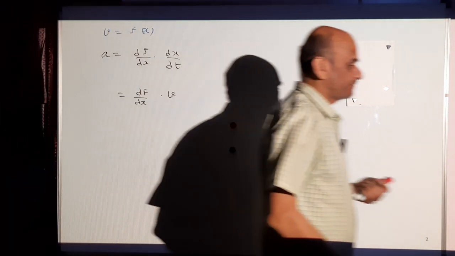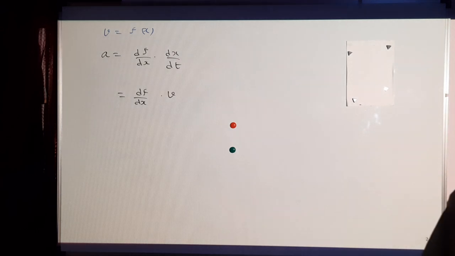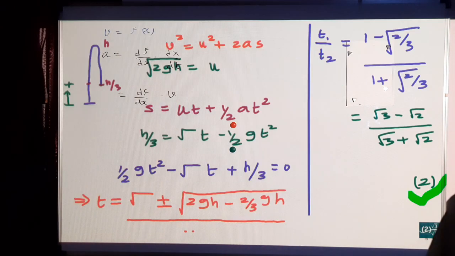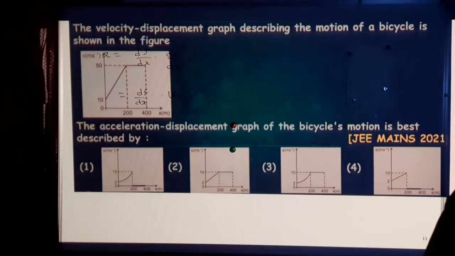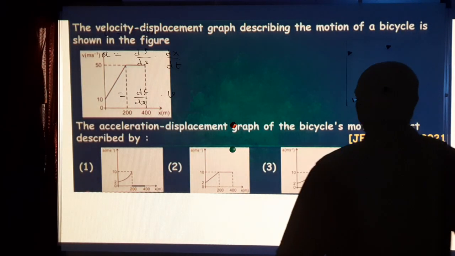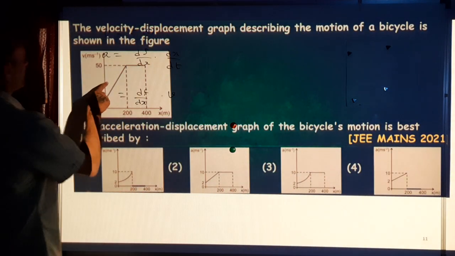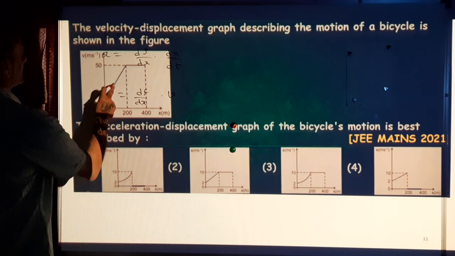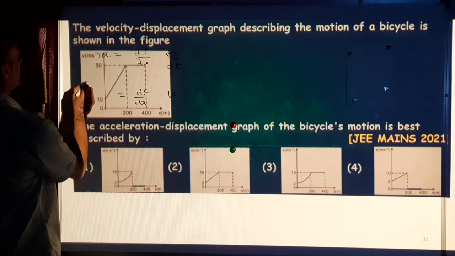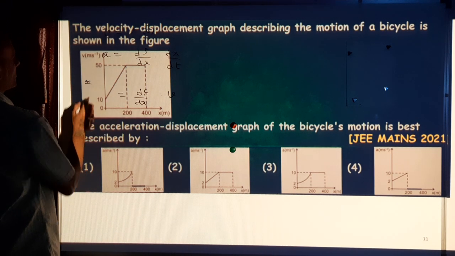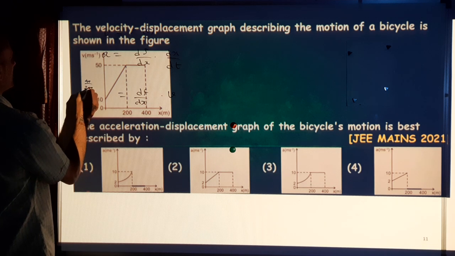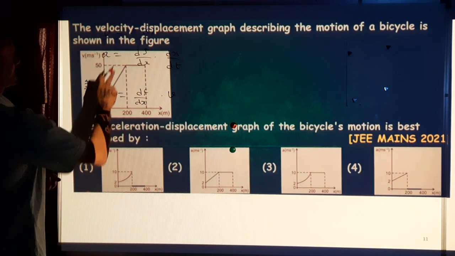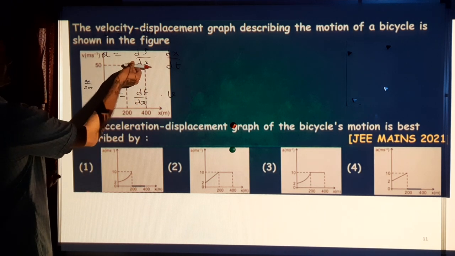So in this graph, velocity is a function of x, that's given. So df by dx of this part is the slope of this line, which is 40 by 200, and for this part the slope is 0 because it's a horizontal line. It's not climbing up.